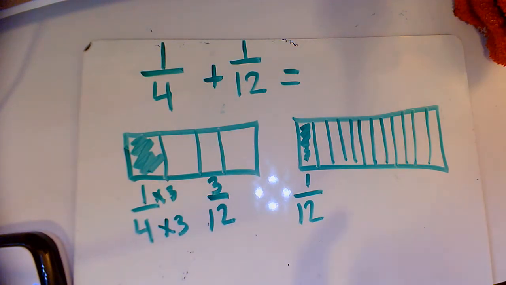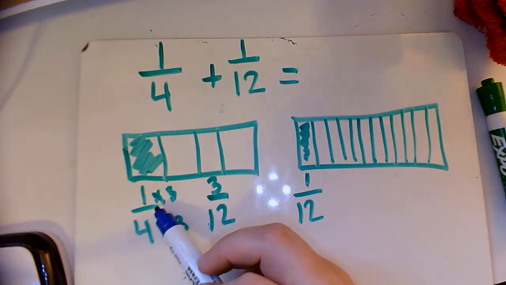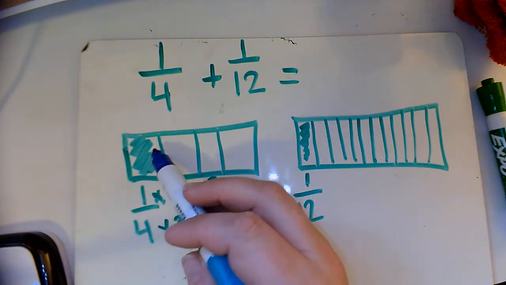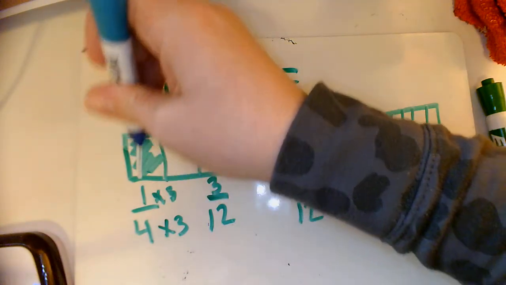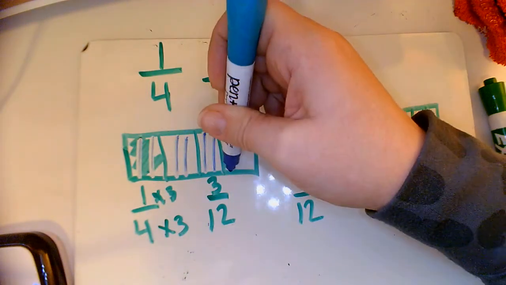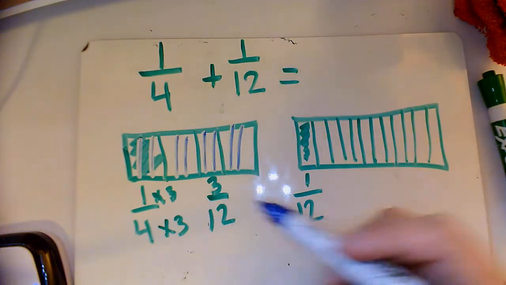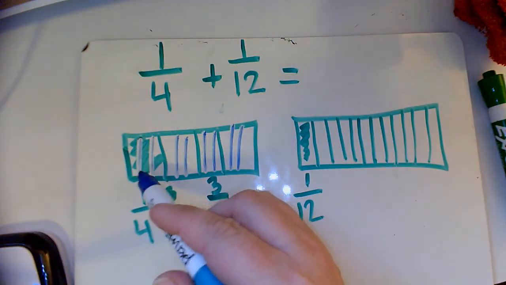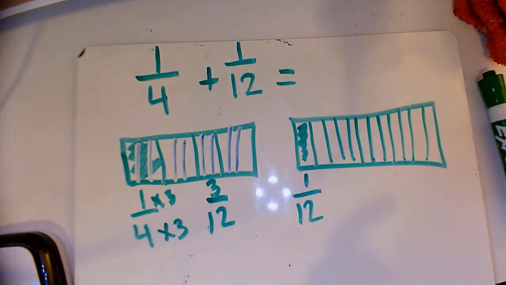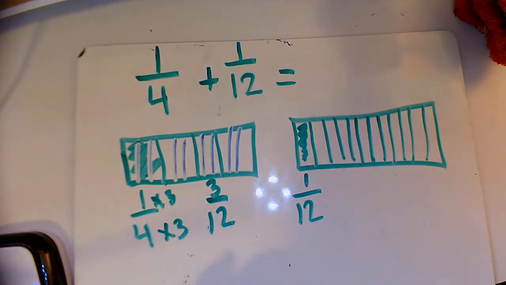And if we were to decompose that tape diagram into 12ths, because we multiplied by 3, each of our 1 units is going to become 3. So I'm going to put 2 lines. So now I have 1, 2, 3 twelfths. 1/4, 3/12.